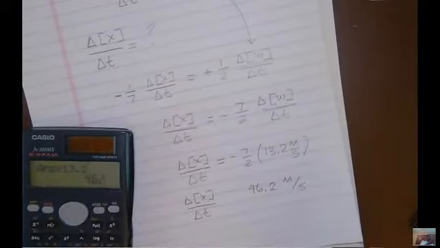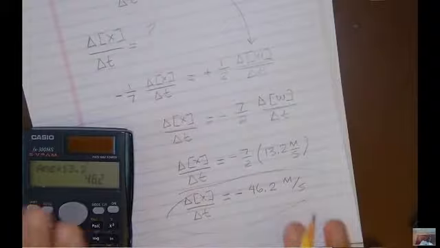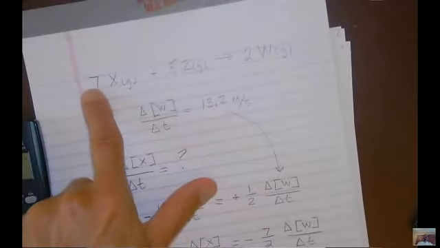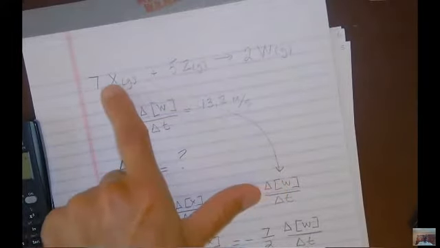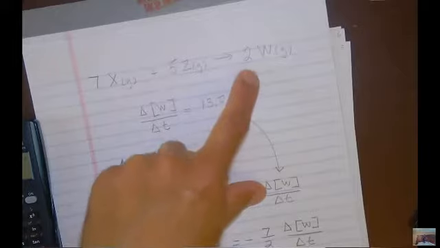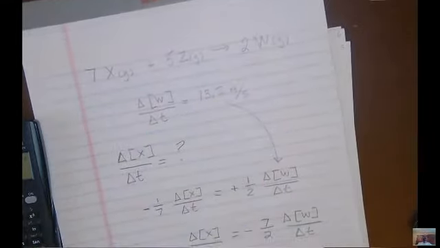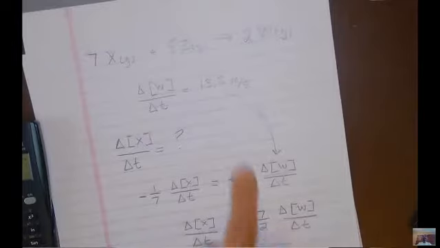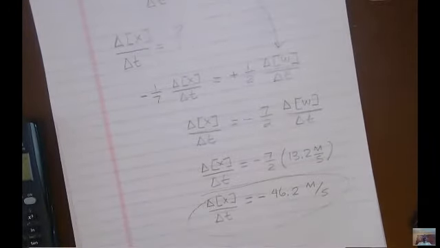X is going to disappear 3.5 times faster than W appears, because it's got a coefficient of 7. What's the relationship between 7 and 2? This guy should disappear 3.5 times faster, or 7/2 times faster than the other guy. Okay? This has one too many significant digits based on this. Oh, I had 3 there, and I have 3 here. I'm okay. It's perfect. Okay, leave it alone.